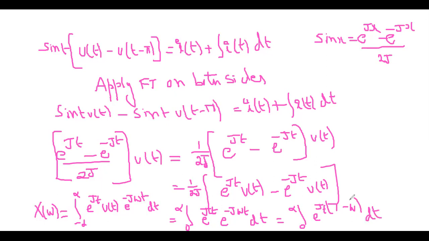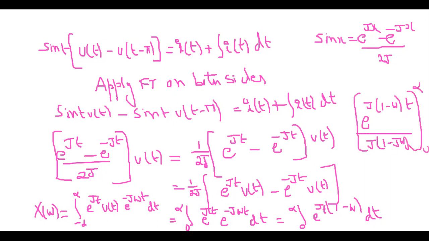So, what is the Fourier transformation of this function? e power j times (1 minus omega) times t, whole divided by j times (1 minus omega). The upper limit is infinity, the lower limit is 0.